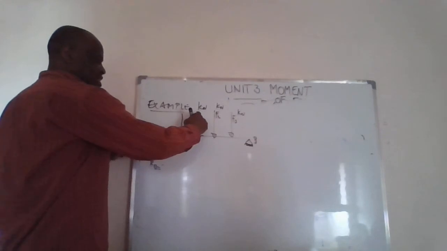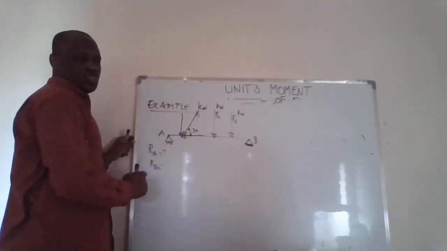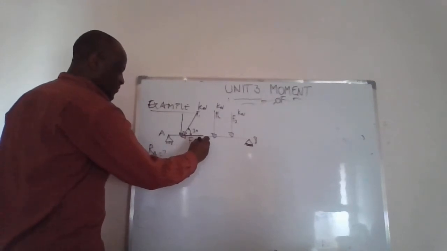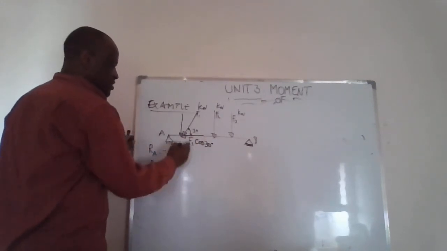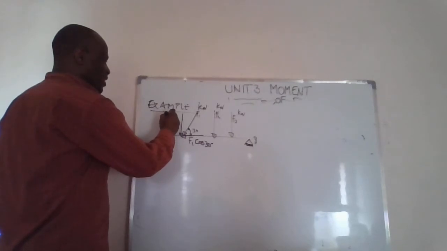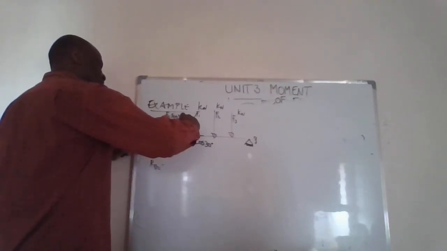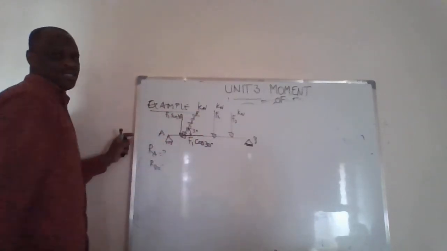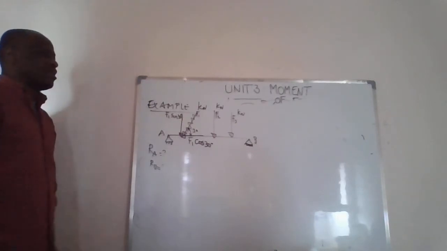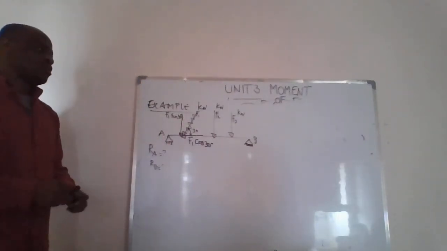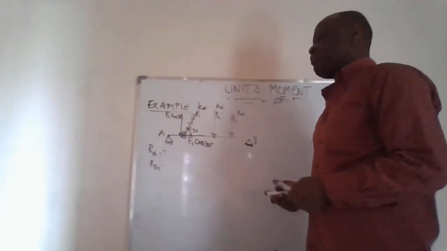It means this F1 as a resultant force will be represented by its horizontal component, which is F cos 30, and the vertical component, which is F sin 30. Having these two components will replace the effect of F1 as an inclined force. That's the first thing that we do. Once we've done this, then we can proceed by solving.